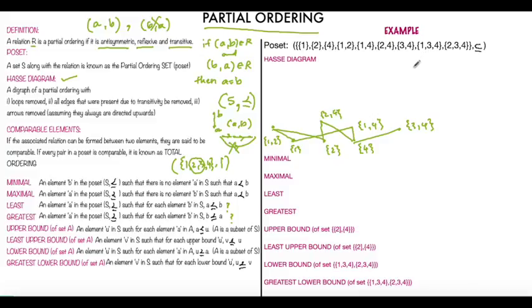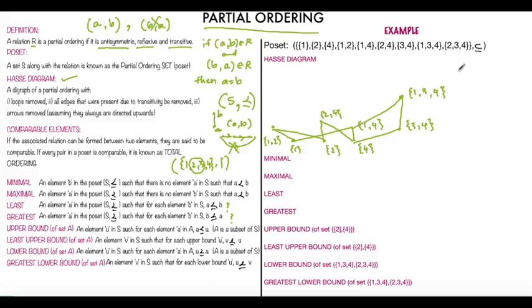Then we have 1 3 4. Okay, so 1 3 4 is obviously a superset of 3 4, but it's also a superset of 1, correct? And 1 goes to 1 3 4 through 1 4, so we only have to draw it here.